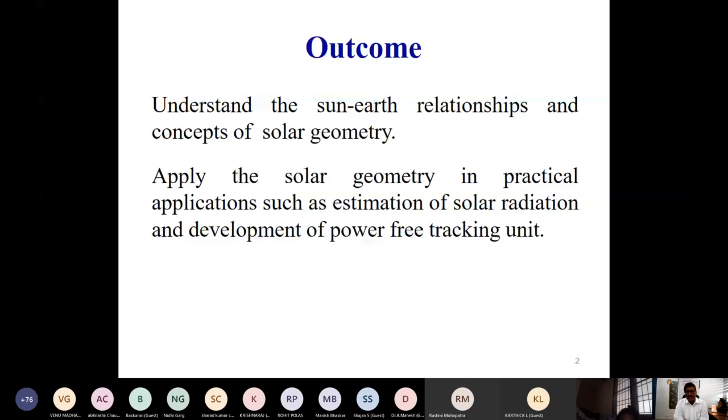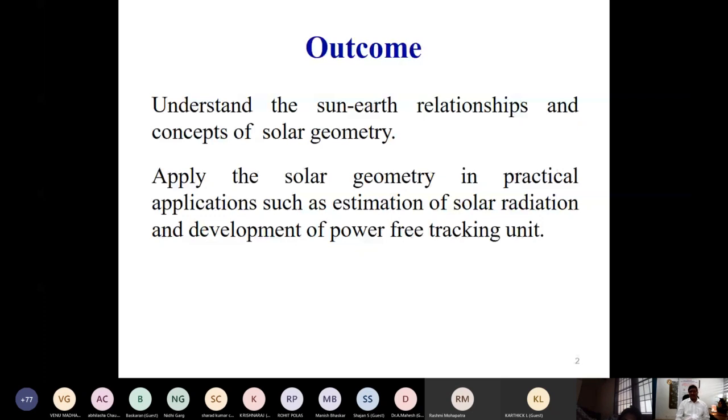So in some situations it is required to estimate the solar radiation, so that if the estimated solar radiation is very close to the measured value, those models can be implemented officially to assess the potential of solar radiation with respect to time.